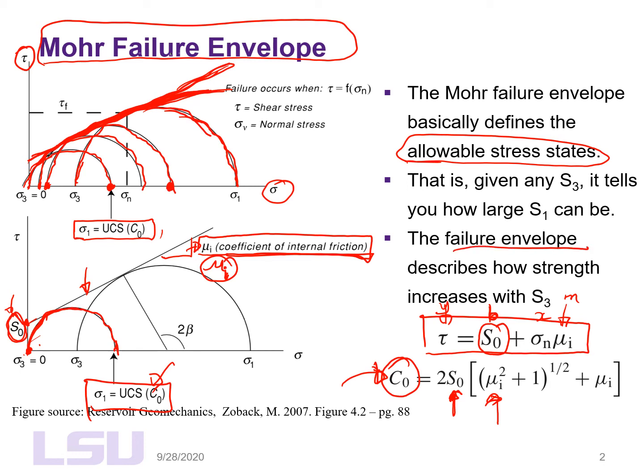So failure envelope describes how the strength increases with confining pressure, right? Circles increase, which indicates S1 is increasing, and it indicates the rock strength is increasing, right? Because that's the maximum strength, the maximum stress the rock can withstand at that confining pressure.